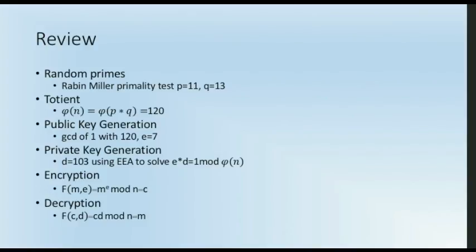So let's just review the steps of the algorithm one more time just to get a final understanding. The first part of the algorithm was to generate random prime numbers using the Rabin-Miller primality test. Again, the purpose of prime numbers is so that we can compute the product of the prime numbers, which results in our modulus n.